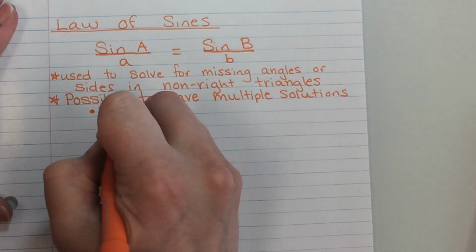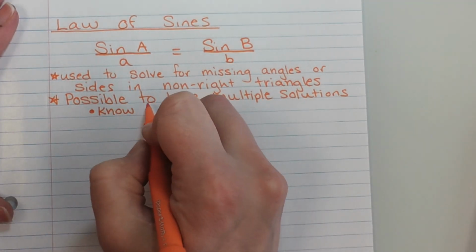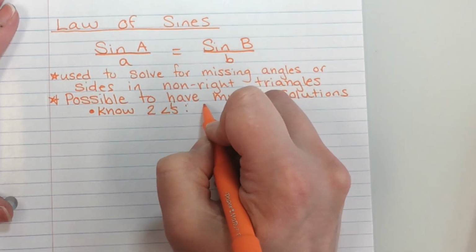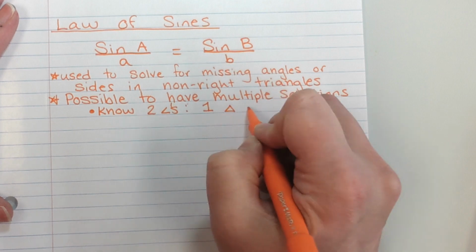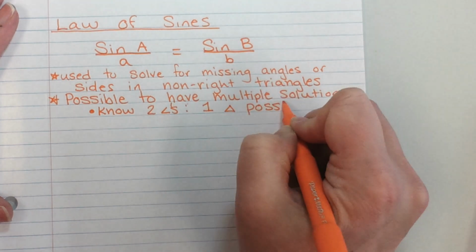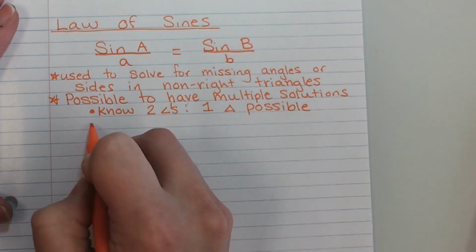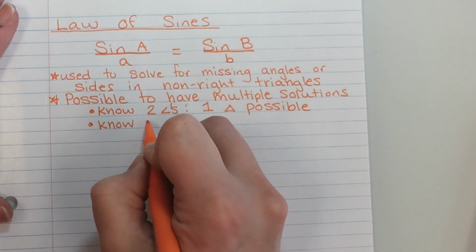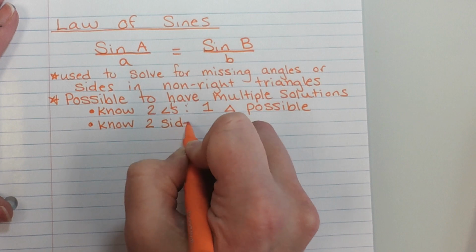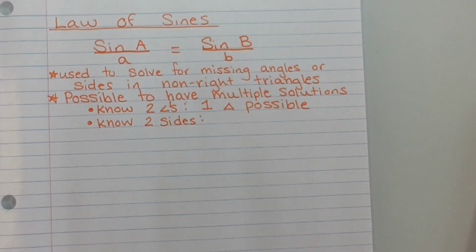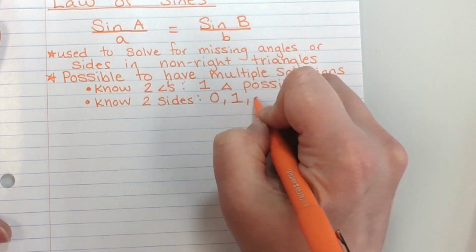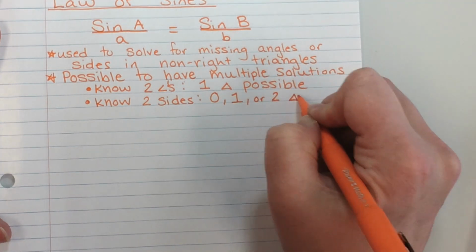If you go into this and you know 2 angles from the very beginning, there will only ever be one triangle possible. But if you go into this where you know 2 of the sides, it's possible to have 0, 1, or 2 triangles that work.